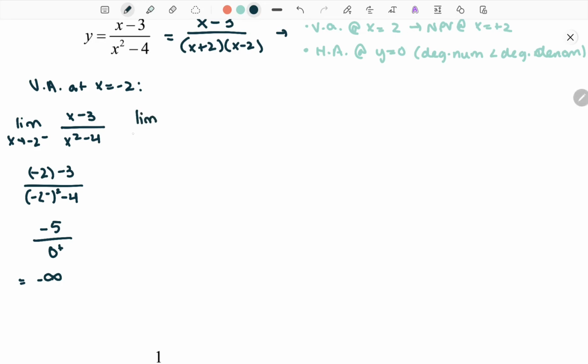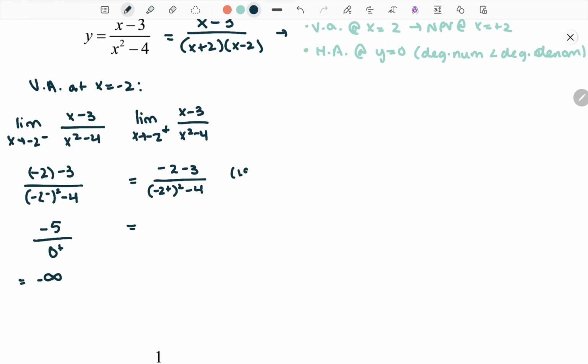Let's check from the right side of -2. I plug it in, direct substitution. Because I'm doing that one-sided limit, direct substitution doesn't cause a problem. Now, because I'm something slightly to the right of -2, it's actually a number that's going to be smaller than 4 at the end, right?